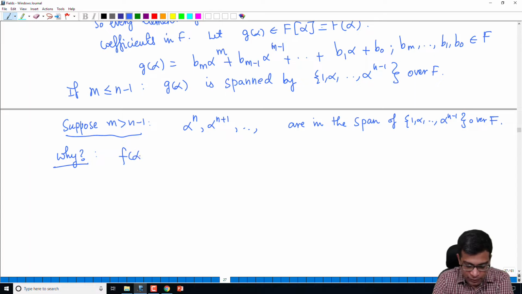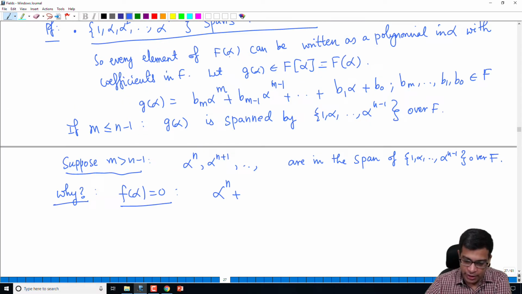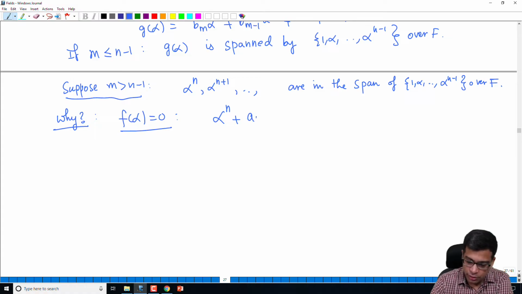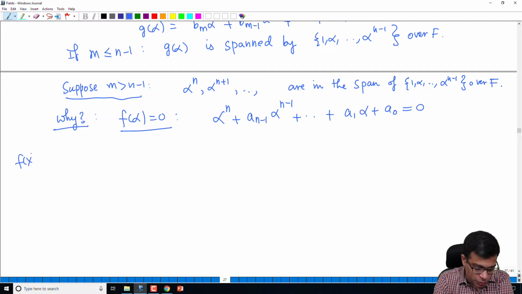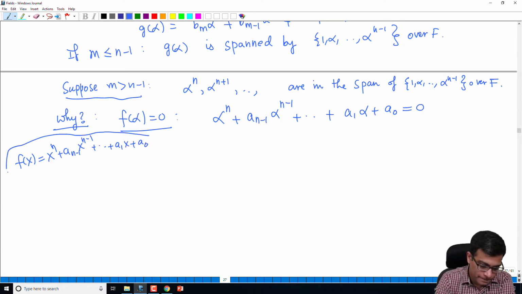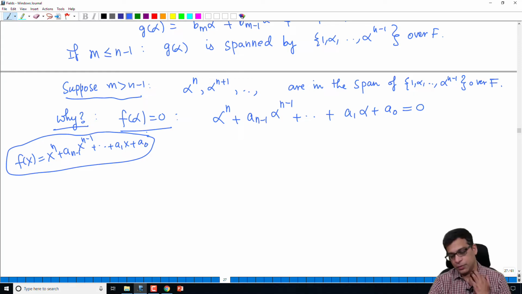We know that f(alpha) is 0, and f, remember, is a monic polynomial of degree n. I didn't specify what f was earlier. So let's say f(x) is x^n + a_{n-1} x^{n-1} and so on up to a_1 x + a_0. f(alpha) is 0 means this is 0.